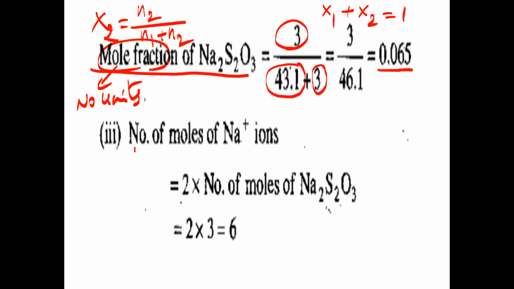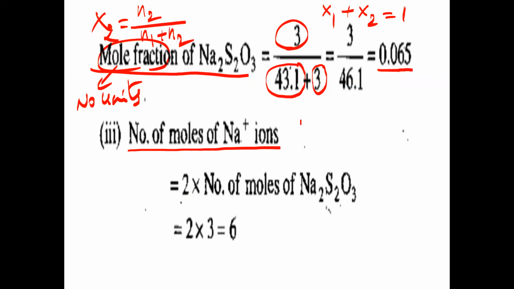Next, what did they ask here? The number of moles of Na plus ions we get first. They asked for the molality of Na plus ions and the molality of thiosulfate S2O3 minus 2 ions. First, we have to get the number of moles of Na plus.